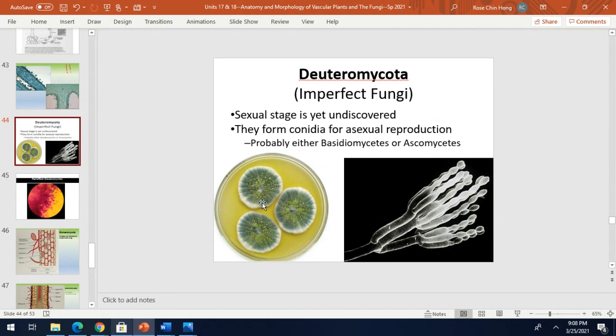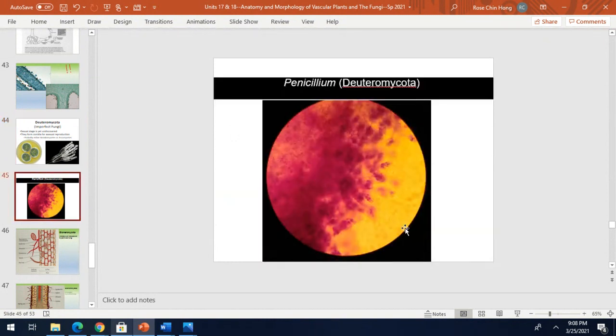All right, so this is what we see like Penicillium, and it's being cultured here in a petri dish of agar. And if you take a smear of this like in class, you'll see the hypha and the mycelium. So this matter is mycelium, and the darker areas, those are the asexual reproductive structures of conidia. All right, so here is a slide I did in class, Penicillium, Deuteromycota.